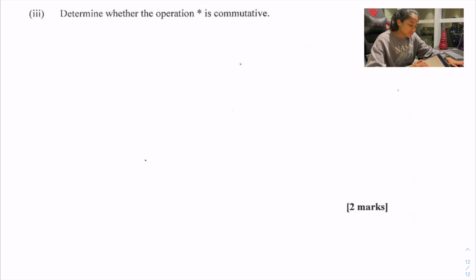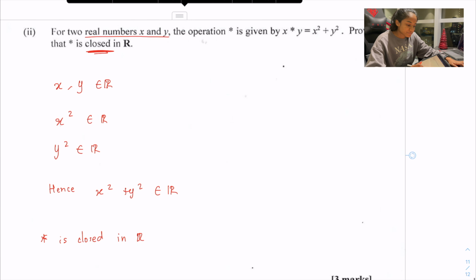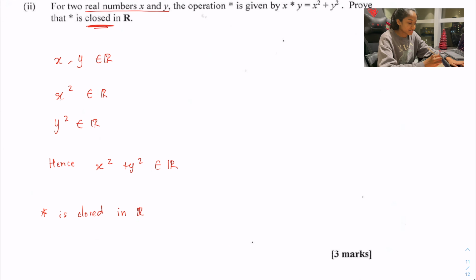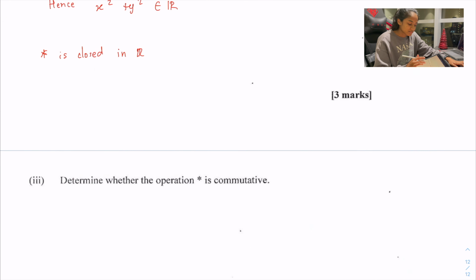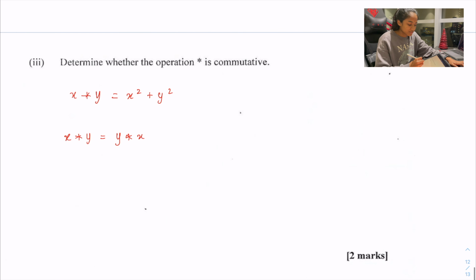So now we want to determine whether the operation is commutative. Well, yes. Okay, so let's just do it. So x star y is equal to x squared plus y squared. So for it to be commutative, x star y must be equal to y star x. So we have x star y already. We need to find y star x.